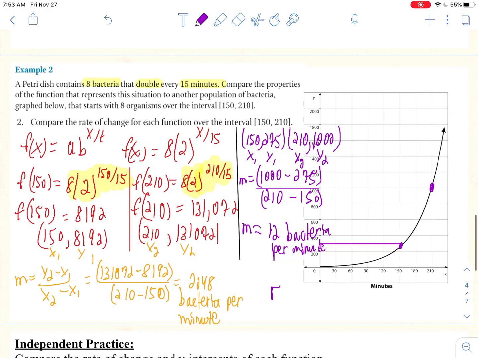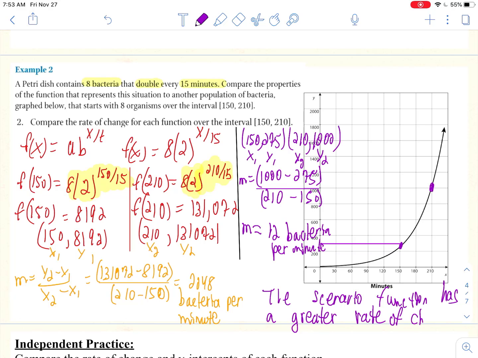So we're going to go ahead and say the scenario function has a greater rate of change over the interval from 150 minutes to 210 minutes.